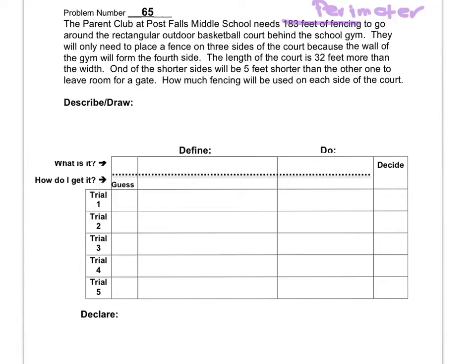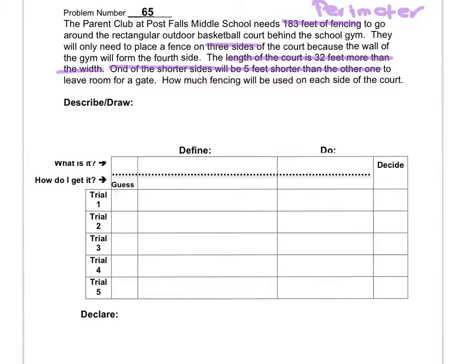They will only need to place the fence on 3 sides, because the wall of the gym will form the fourth side. The length of the court is 32 feet more than the width. One of the shorter sides will be 5 feet shorter than the other one to leave room for a gate. How much fencing will be used on each side of the court?